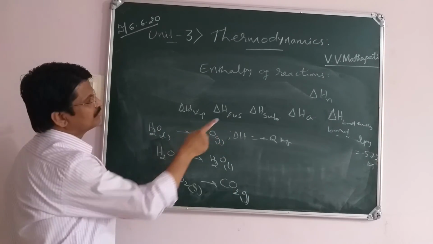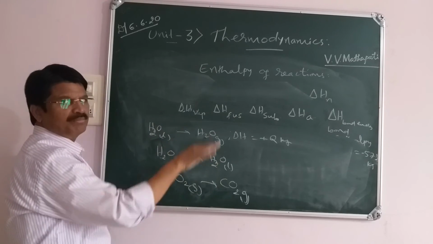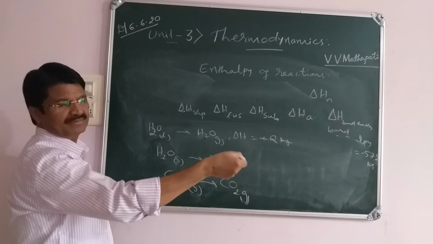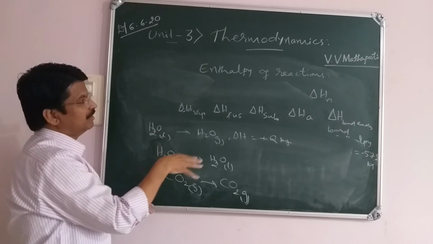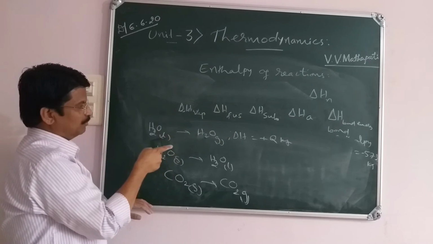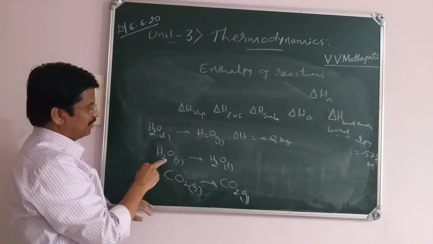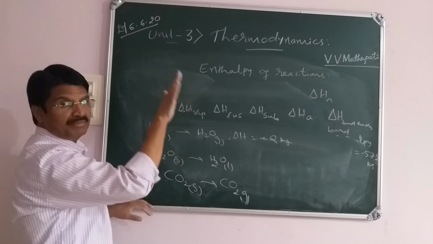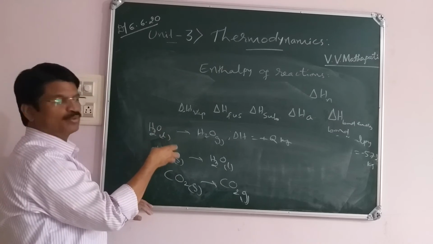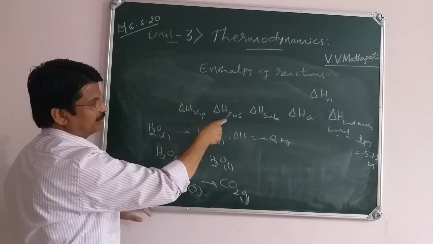Similarly for fusion, conversion of solid to liquid by heating means you have to give heat. Conversion of solid to liquid is at the melting point. Melting point is for fusion, and boiling point for vaporization. 1 mole of a solid converted into 1 mole of liquid at its melting point, then the heat required, the delta H value, is said to be enthalpy of fusion.